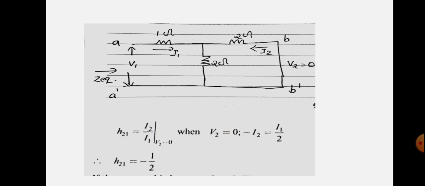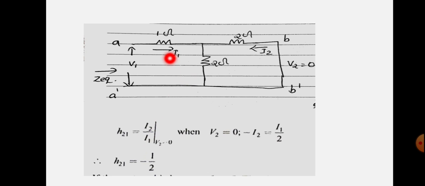So let us go to H21 equal to I2 by I1. Again, you can utilize the same circuit because we are short circuiting V2 equal to 0. So in that circuit, what you can see is that I1 is flowing inwards and I2 is flowing this way. And here you are finding the ratio between this I1 and I2.